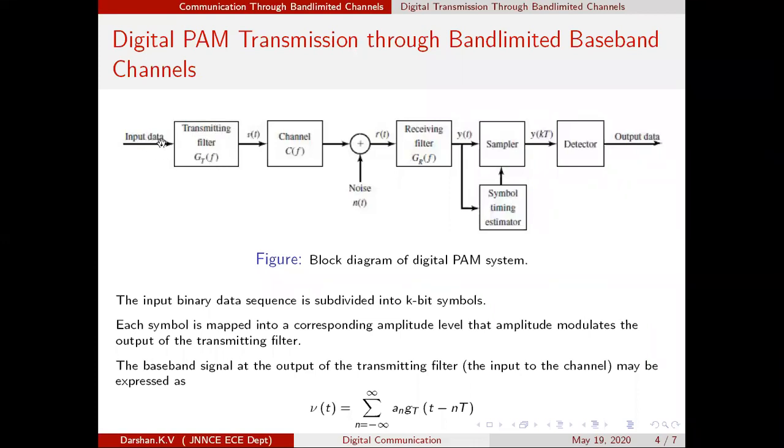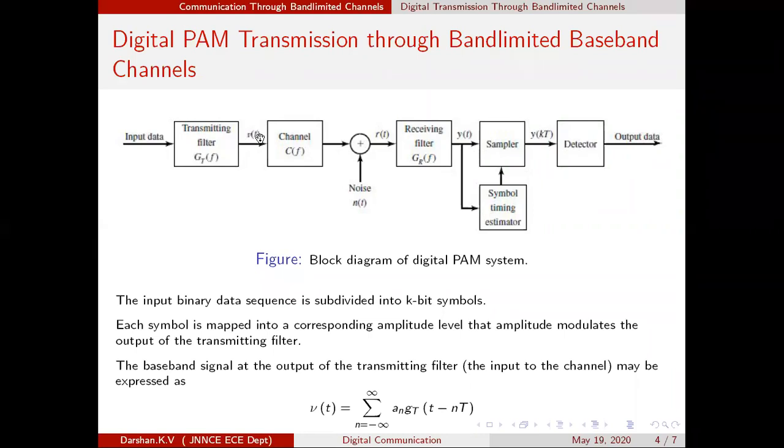Depending upon the input symbol, the amplitude of the pulse is varied by the filter. If the amplitude is A1, then the pulse amplitude would be A1. If the amplitude of the symbol is A2, then the pulse amplitude would be A2.